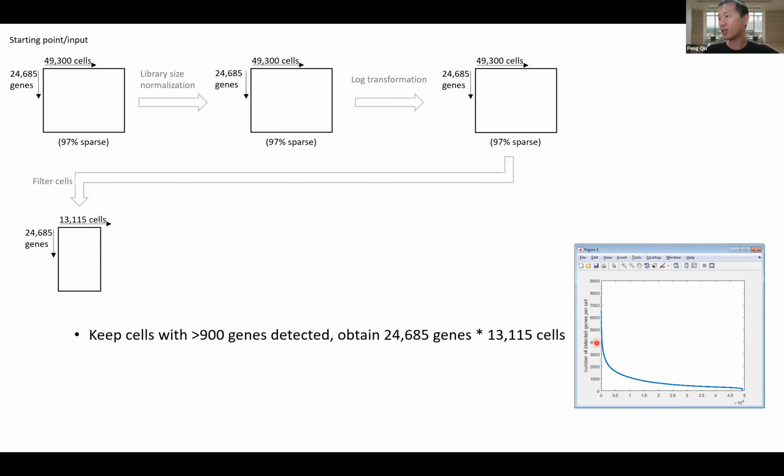So for example, here we have a small number of cells that have almost 9,000 genes detected. So those cells, maybe we should also exclude them, because during the library preparation process, the encapsulation of individual cells, it's actually possible that one droplet will encapsulate 2 cells plus one bead.